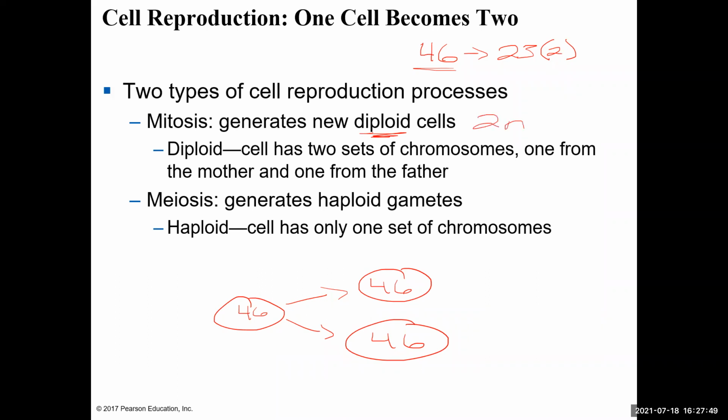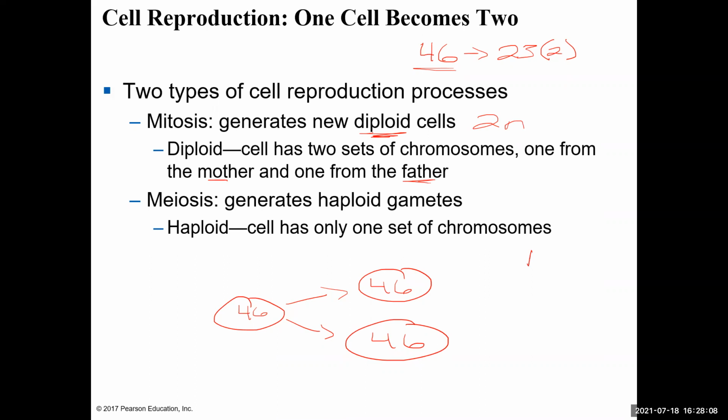So diploid cells are 2N cells. They have two sets of chromosomes, one that comes from the mother and one that comes from the father. So you have a paternal and a maternal version of each chromosome.